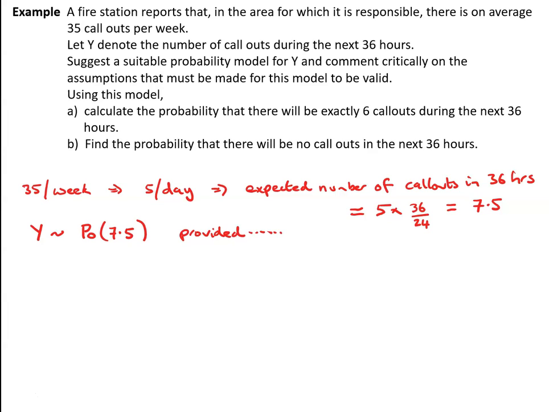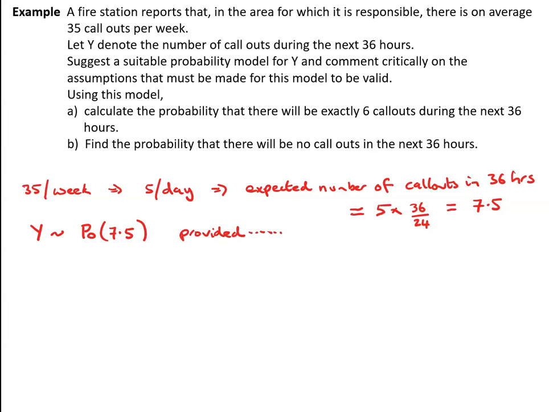Now that's implying that the average rate is constant throughout the day, although it's quite likely that you're going to have more fires at one particular time of the day than you are at another time of the day. So assumptions have got to be made to use the Poisson model in this case.